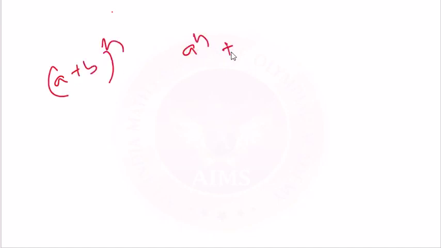At that time, we cannot write it as a^n plus b^n, because these two are not equal.